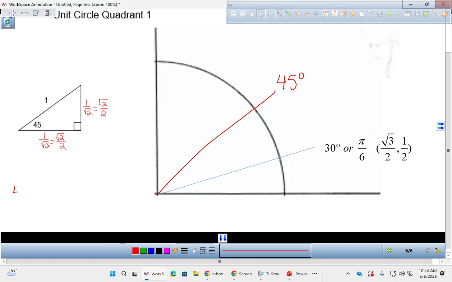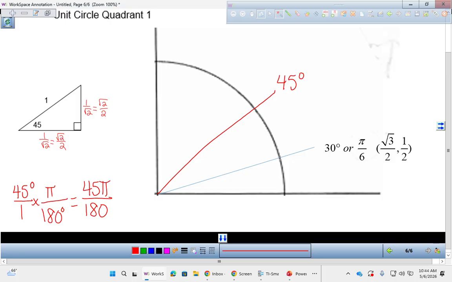So here's what I've got, 45 degrees, and I'm just going to put that over 1. And then if I'm making the conversion, I want the degrees to cancel out. And so I know that 180 degrees is the same thing as pi. So 45 pi over 180. All right, well, 45 times 2 is 90, right? And 90 times 2 is 180.